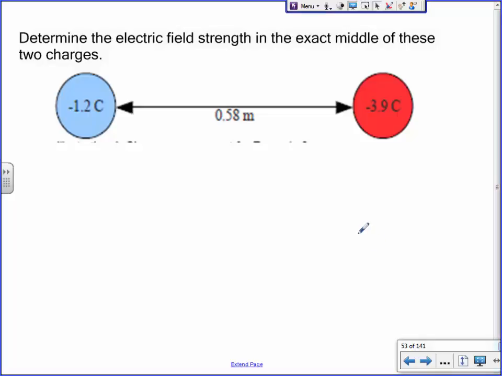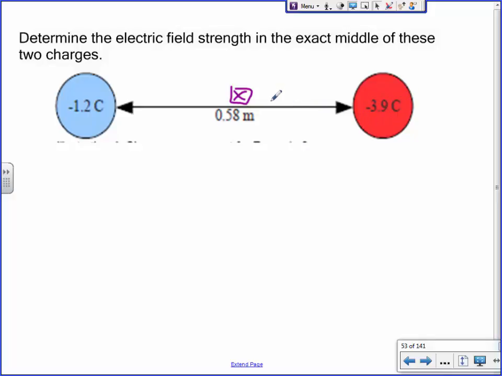This one's easier. We want to find the electric field strength in the exact middle of these 2 charges. Do exactly what we did yesterday. Find the 2 electric field strengths. They are vectors. Vectors can get added and subtracted from each other. So we just have to figure out which way the fields are going. So let's consider the 3.9 charge.